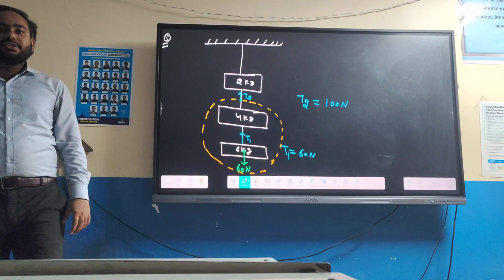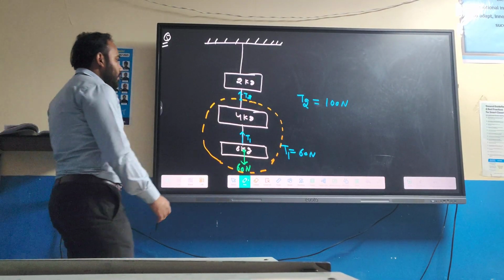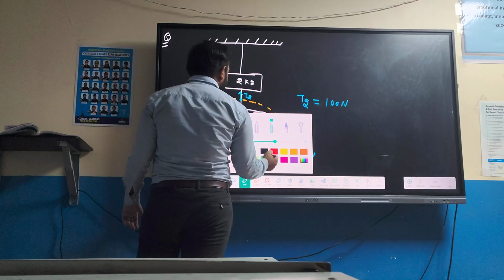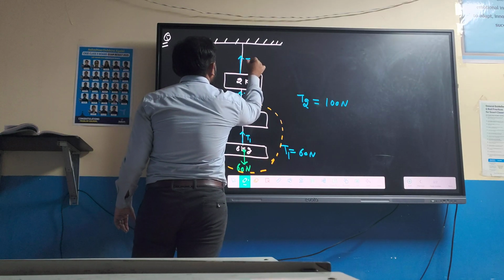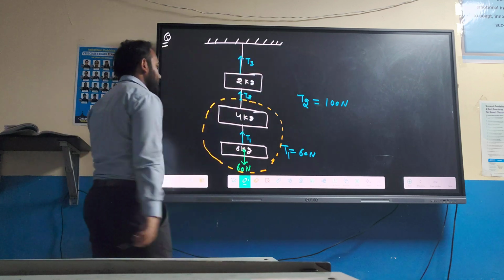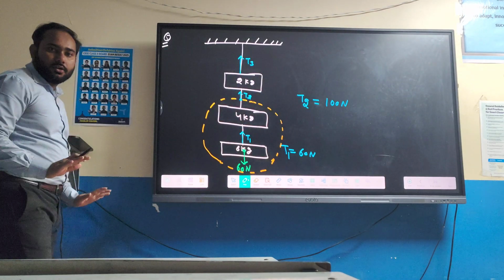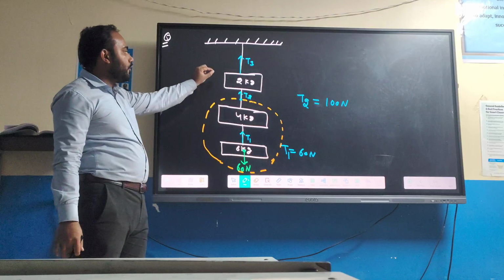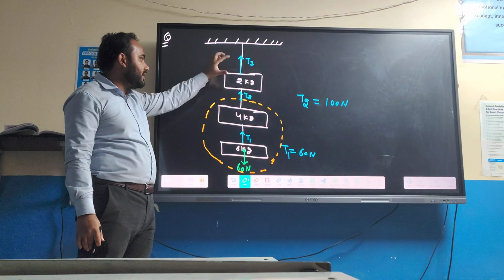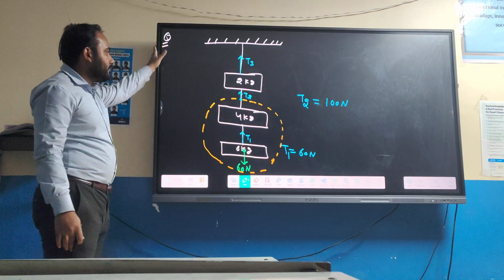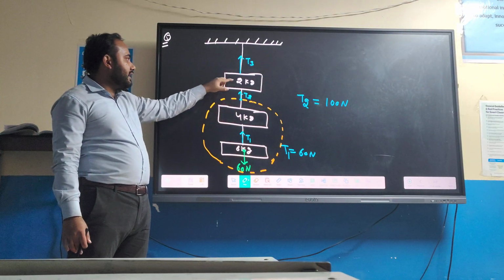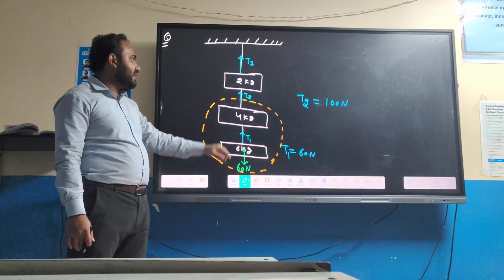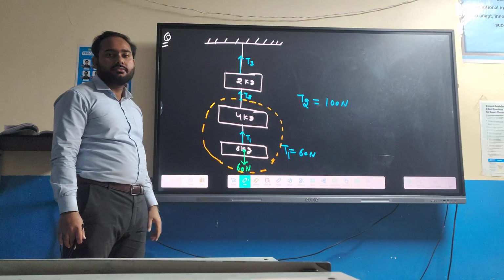Now we will find the tension in the upper string. To find it, let's assume this 2 kg block is experiencing a tension T3. We can solve the problem by focusing only on the free body diagram of the 2 kg body. But for that we have to apply a gravitational force also, and there will be two tension forces acting in the upward direction and the downward direction.